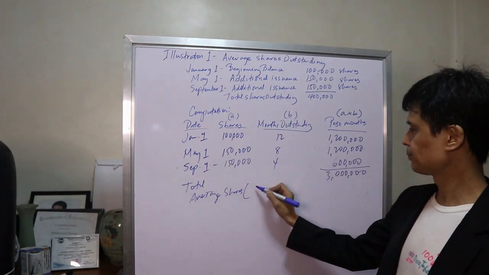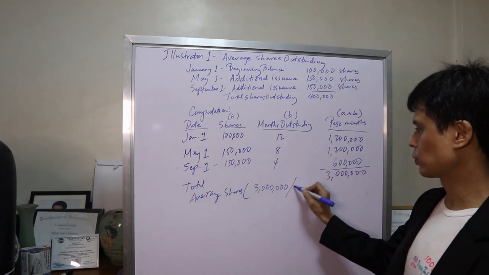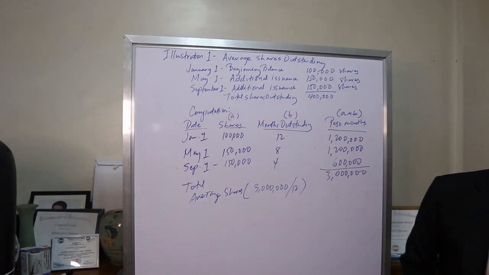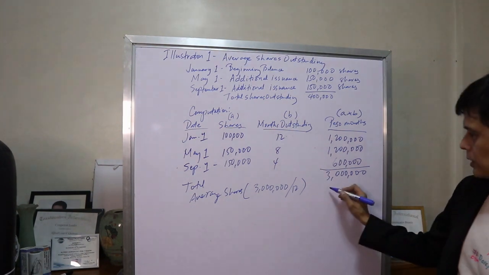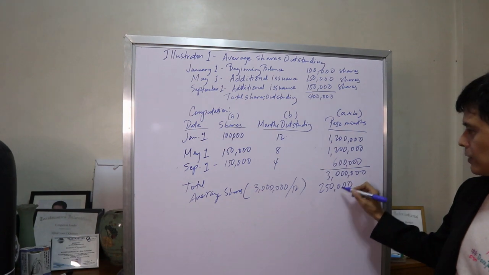So, this would be 3 million divided by, of course, 12 months. No, there's 12 months in a given year. So, that would be around 250,000. Yeah, so 250,000 is the average shares.